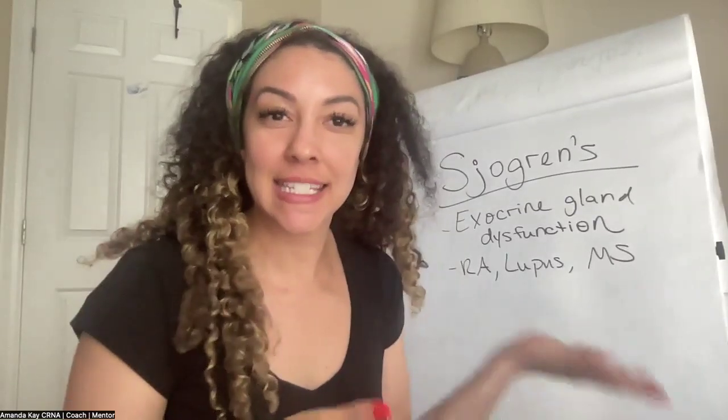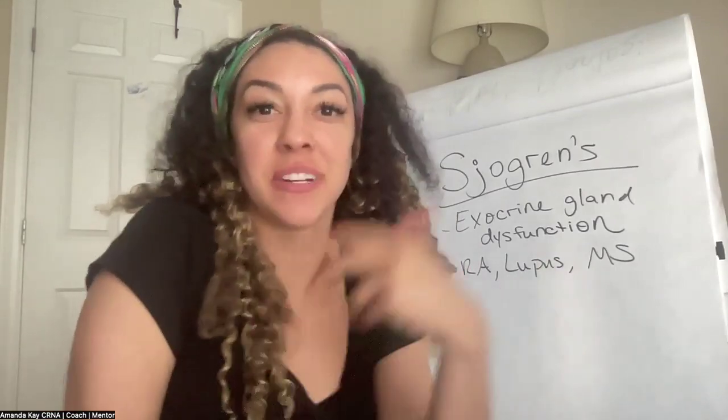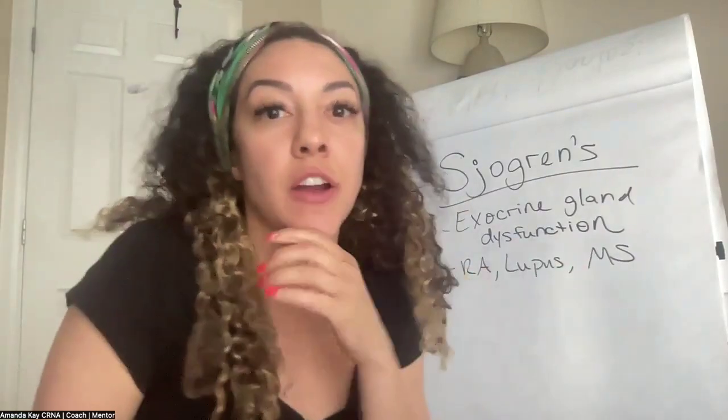And last but not least, Sjogren's. So this is not a collagen one actually, but it is another autoimmune disease. It causes basically dysfunction and destruction of exocrine glands, like your lacrimal glands, your salivary glands.